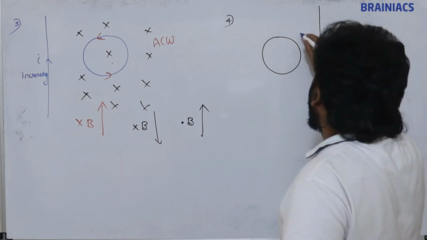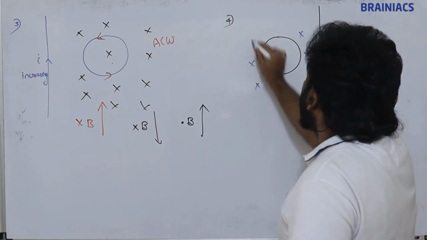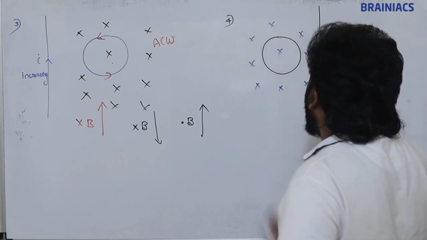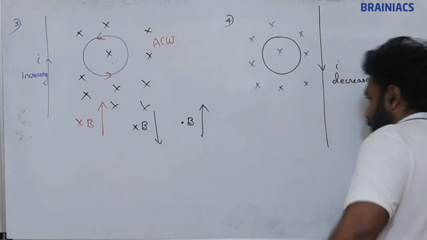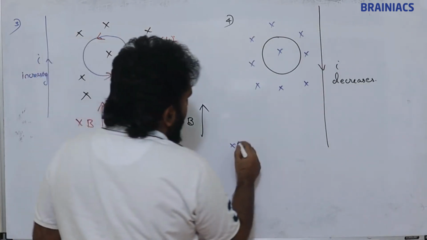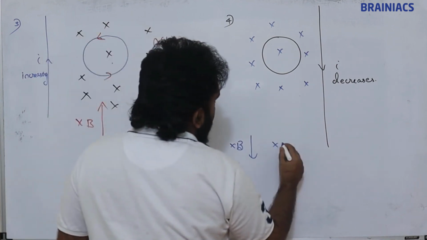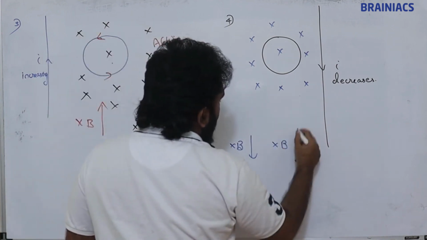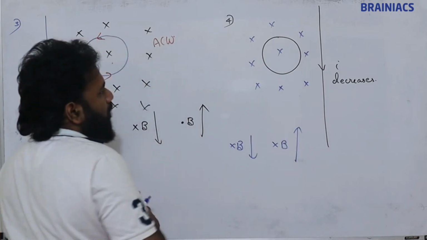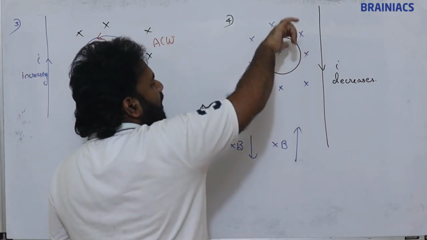So the cross magnetic field is decreasing. We need to increase the cross magnetic field, the one going inside.